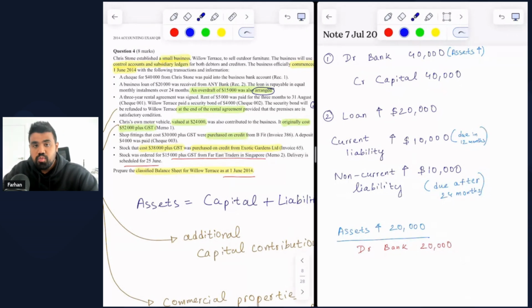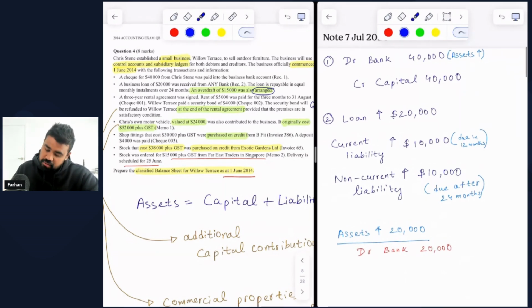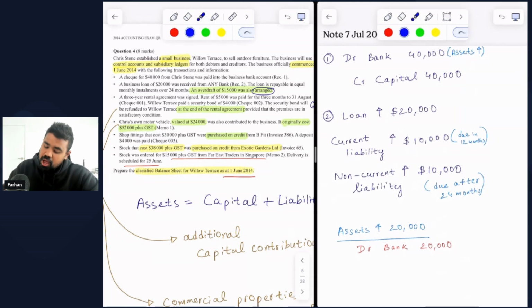And when assets decrease, we credit them. When capital increases, we credit them. And when capital decreases, we debit them. So that's the main reason for why we are debiting the bank account by $40,000, reflecting an increase in the total assets, specifically the current assets. And we are crediting capital by $40,000, which reflects an increase in owner's equity.